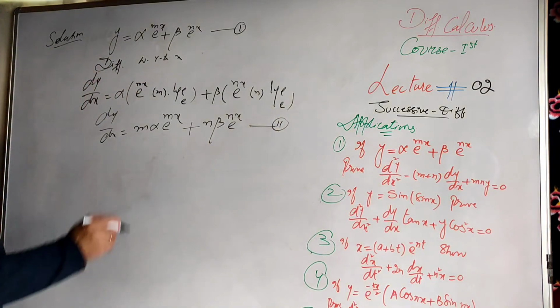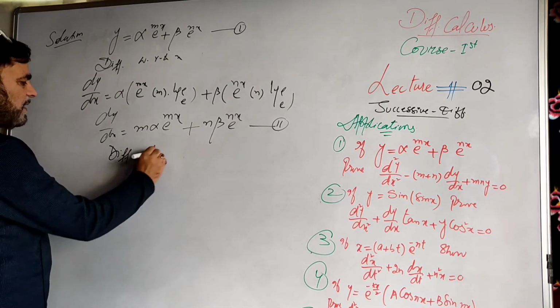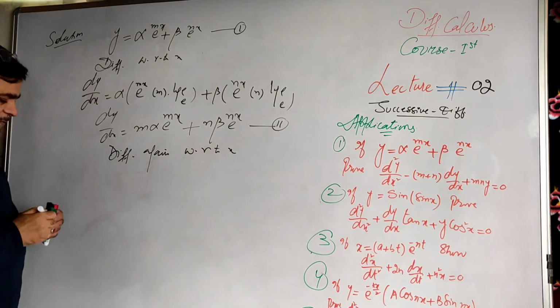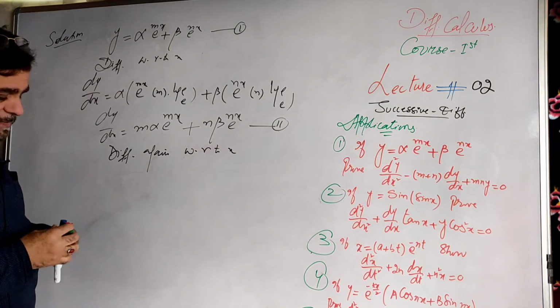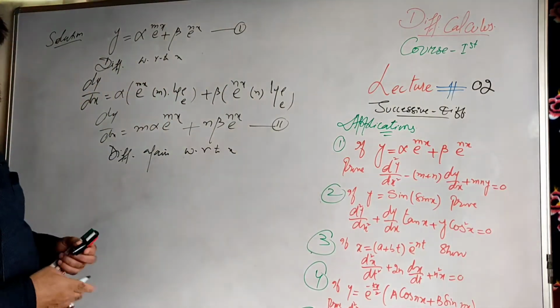Now let us differentiate this again with respect to x, as per the requirement, because we need here d2y by dx square, the second order derivative.